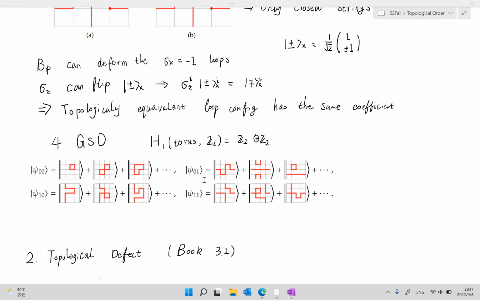Somehow the intuition is up here. I think it is some configurations like this. So phi(0,0) is nothing, a contractible loop, and phi(0,1) is the loop on the big circle of the torus.